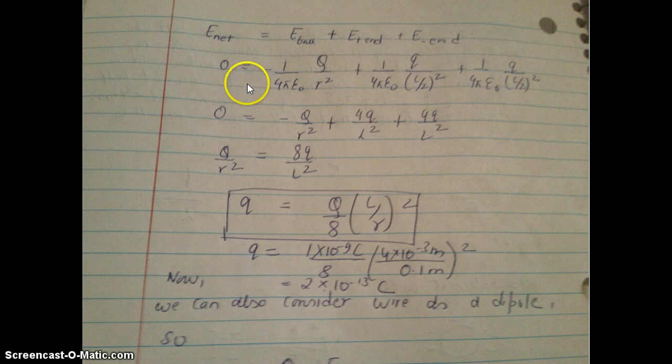Since the net electric field is 0, we just put in the equations that we obtained from chapter 14 and 15, and after we put in the values, we can get the value of q, which comes to be capital Q upon 8 (l by r) whole squared. And you can add the numbers and get the value of q.